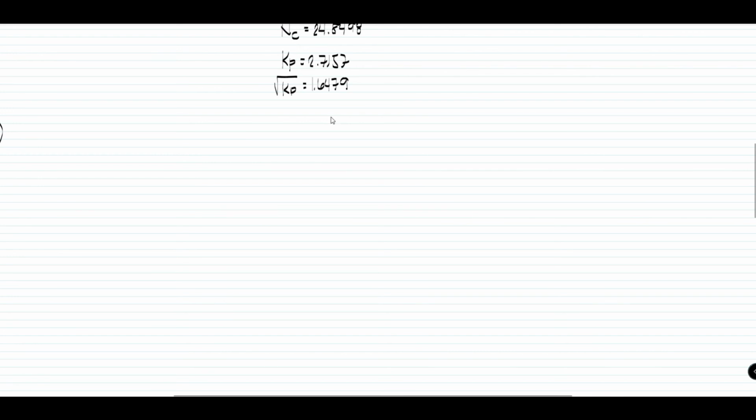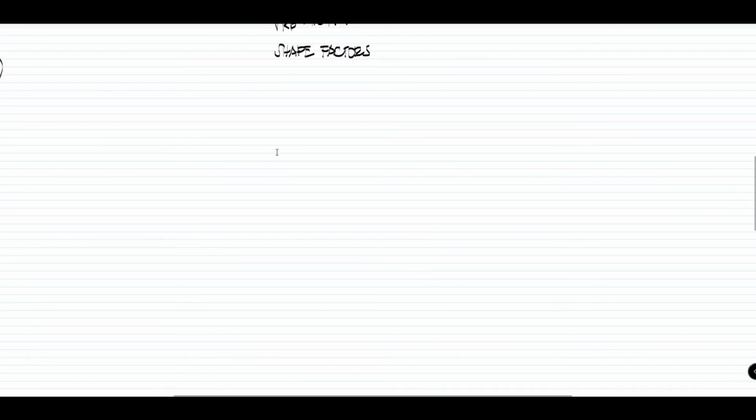Ngayon, we'll have to calculate the shape factors. So, for the shape factors, we just have lambda CS, which is 1 plus 0.2 times Kp times B over L. So, that is equal to 1 plus 0.2 times yung Kp natin, which is 2.7157, times B is 3 over L is 3.